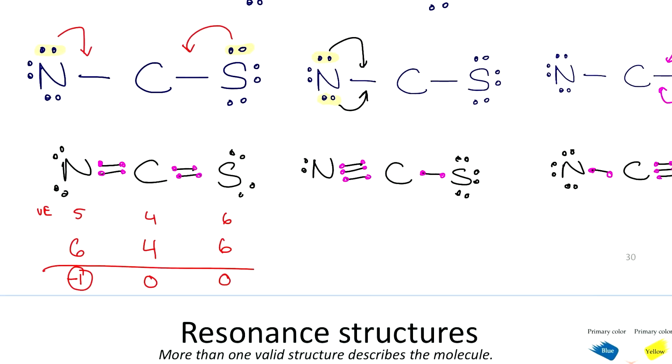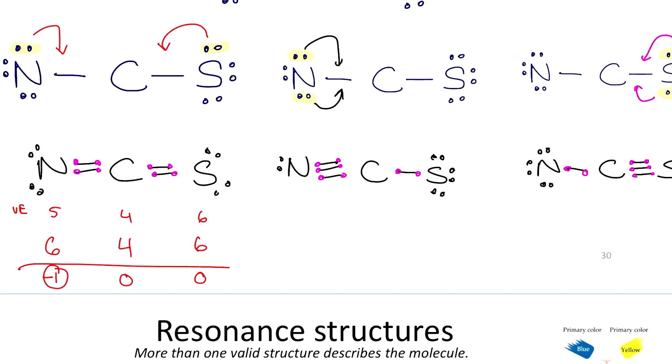And actually, before we started calculating formal charges, if you look at the octets of all of these atoms, they all have 8. They all have satisfied octets, but we're going further to see which structure is the most correct, the one that minimizes formal charges.